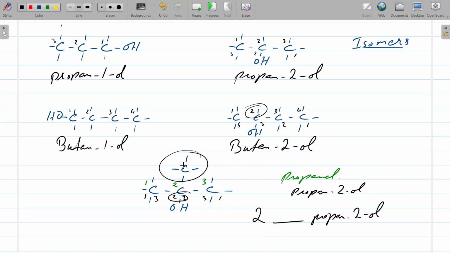How many carbons long is the side group? Not the main chain, the side group, the one I've circled. 1, right? You seem confused.